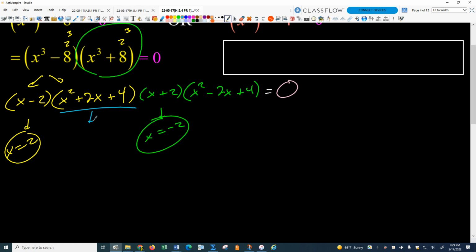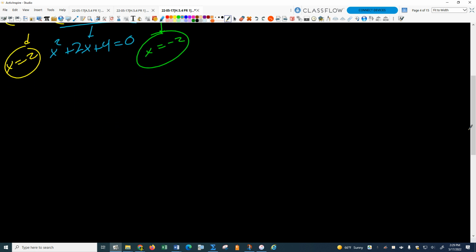If I set that equal to 0 and I solve, I've got to use the quadratic formula, right? I can't factor it. So I'm going to get x equals negative b plus or minus the square root of b squared minus 4 times 1 times 4, which is 16, all over 2.